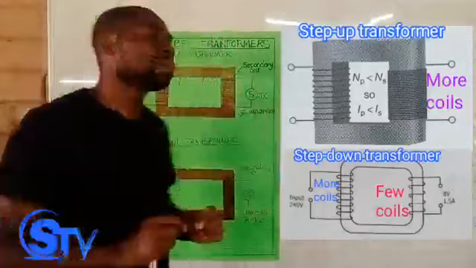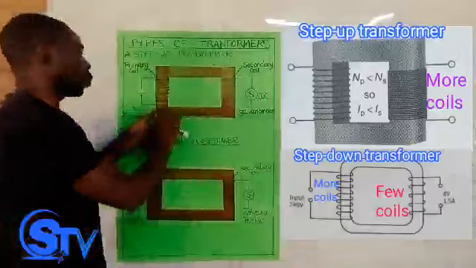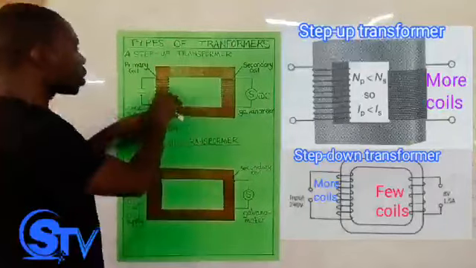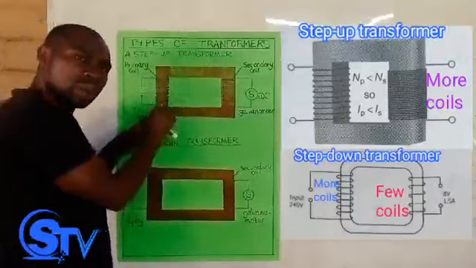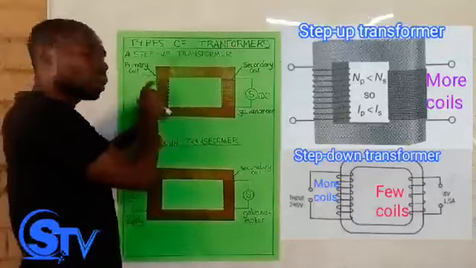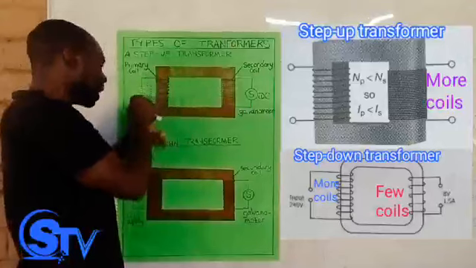Now let me take you back to what I'm trying to say. There are few turns on the primary coil connected to the AC supply.